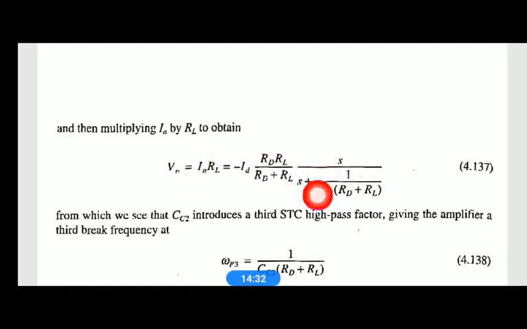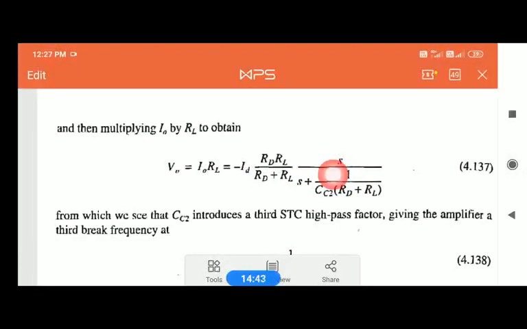This equation is exactly similar to our STC high pass filter circuit.